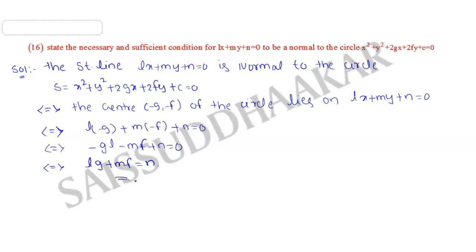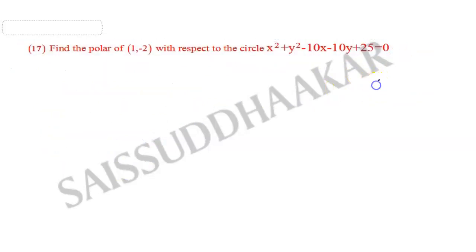Okay, right. Now go for the next question. Next, question number 17. Find the polar of 1 comma minus 2 with respect to the circle x square plus y square minus 10x minus 10y plus 25 is equal to 0. So here, solution.